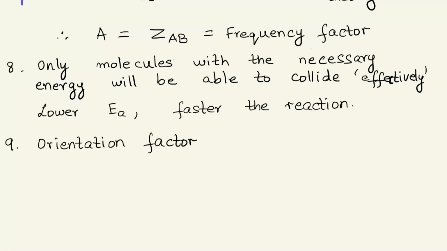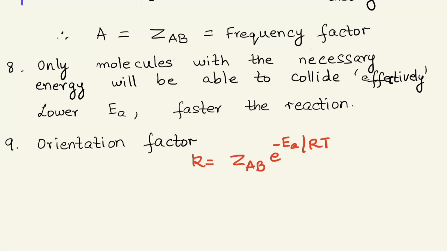So we need to account for the orientation factor in our equation. K is equal to Z_AB e to the power minus Ea by RT, because this equation, yes, talks about the collision frequency. It takes into account the activation energy, but it does not mention the orientation factor at all.